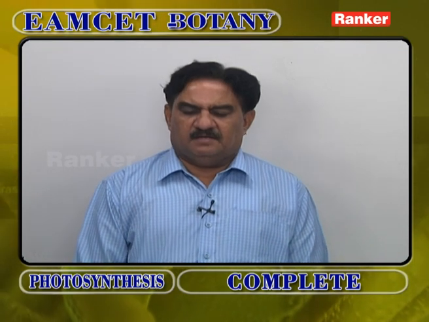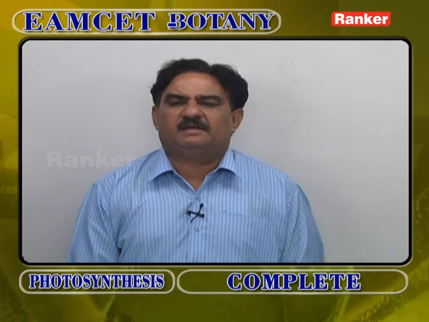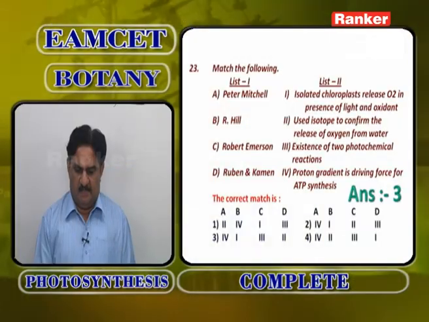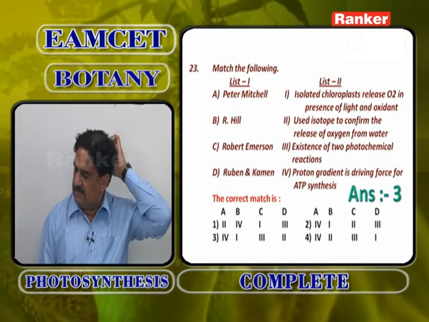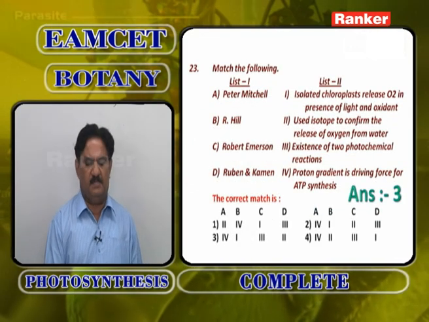So Robert Hill is the first option. Robert Emerson: existence of two photochemical reactions, that is PS1 and PS2, or pigment system 1 and pigment system 2, were discovered by Robert Emerson.